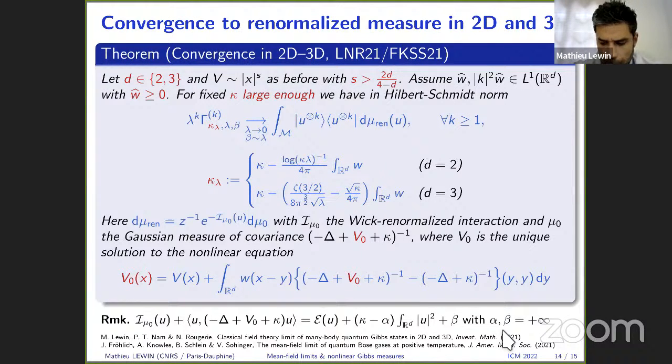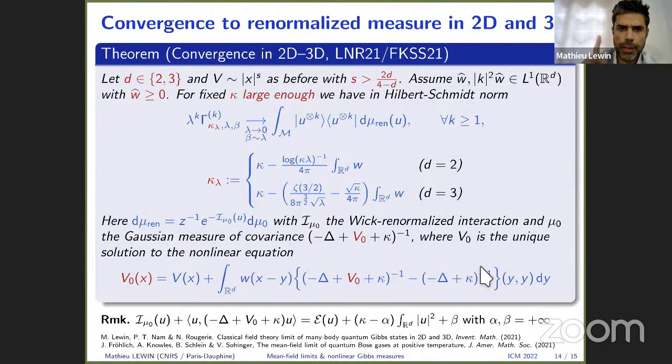Okay, so this theorem has been proved simultaneously by Fröhlich, Knowles, and Schlein with a completely different method. We actually use a variational method in order to prove this theorem, and they use some completely different tools.